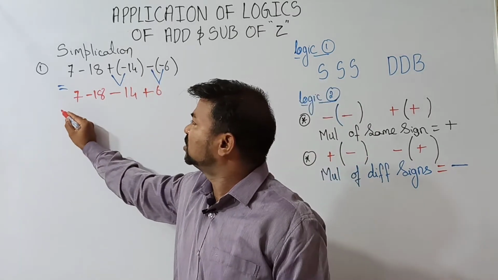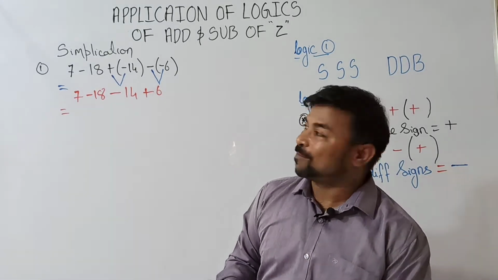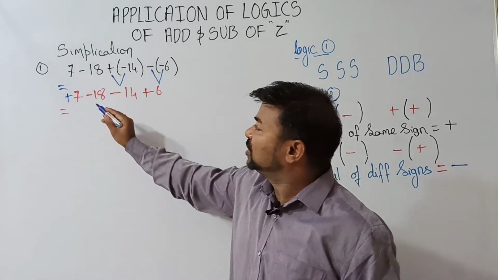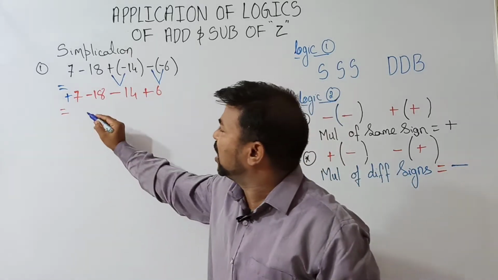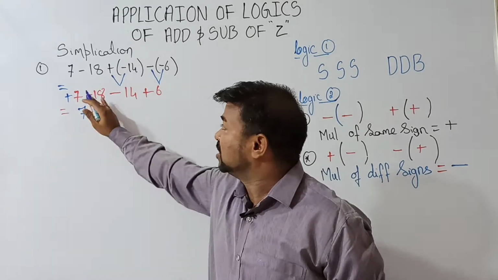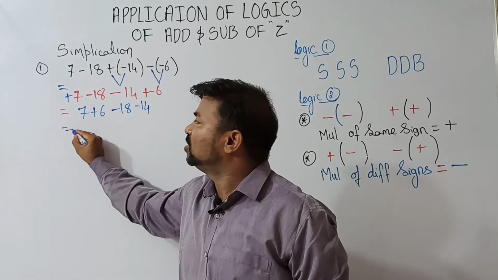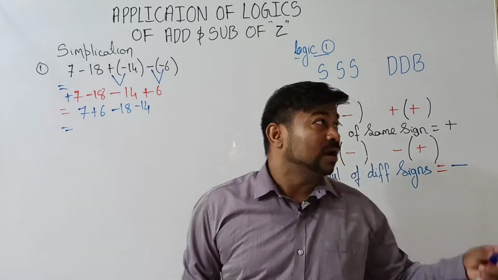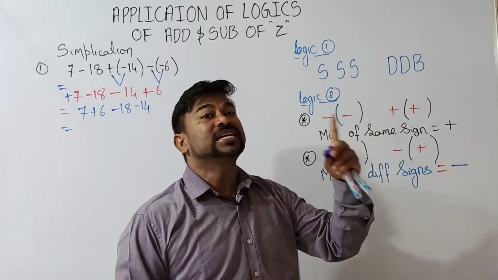Now the same logic, simple logic. Now which are the positive signs? Which are the positive signs? Where you have no sign, you take plus there. Which are the plus? This is plus and this is plus. Bring them all to one side. So 7 plus 6, I brought to one side, and the other two, minus 18 and minus 14, I kept on the other side. Now 7 plus 6 comes to our first logic: same signs, sum them and keep the same sign.